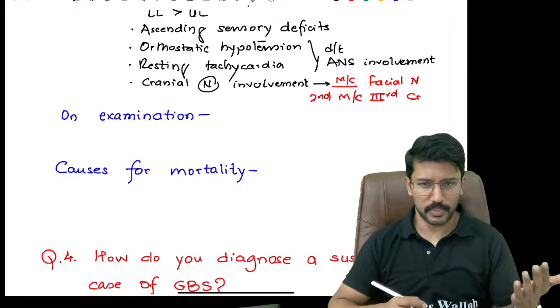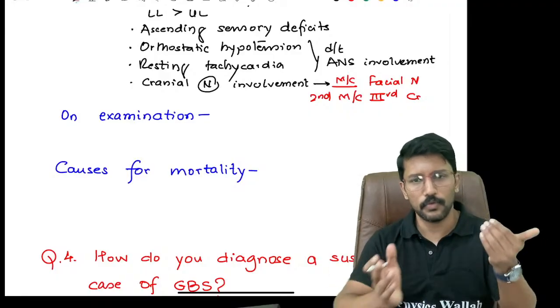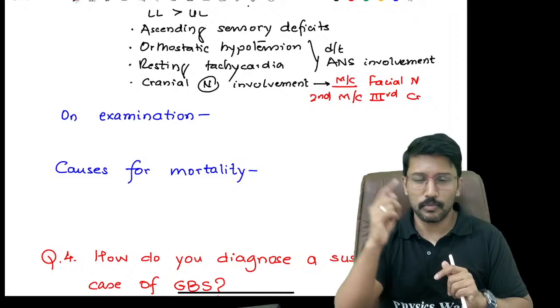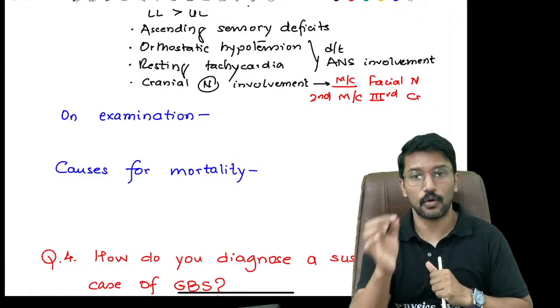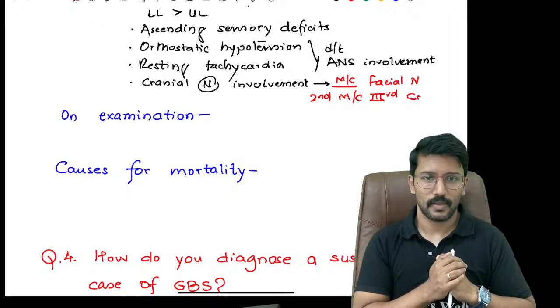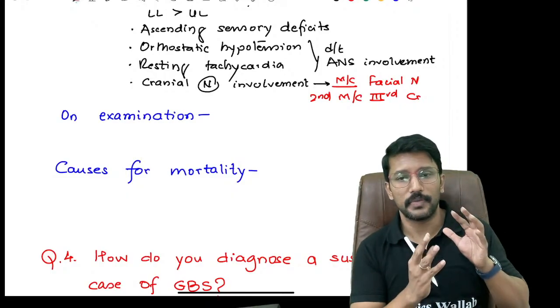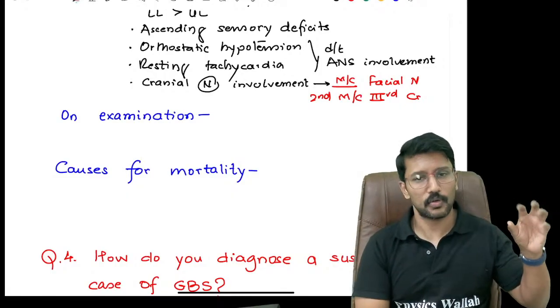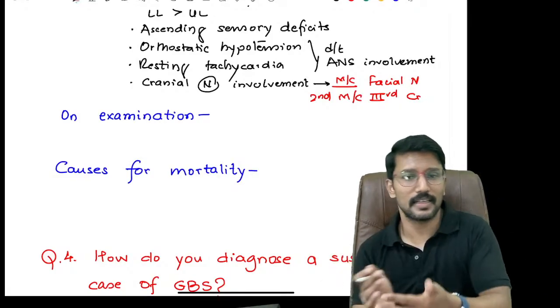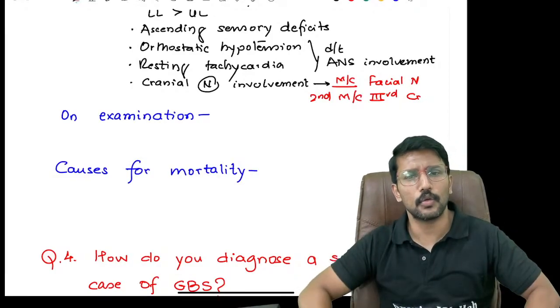Yes, when two lower limbs are involved, we call it paraplegia. And when we think of paraplegia, what should come to our mind first? Spinal cord involvement. So how do I differentiate between a patient having spinal cord pathology presenting as paraplegia and a patient having GB syndrome presenting as paraplegia? Because both of them are presenting with lower limb weakness.